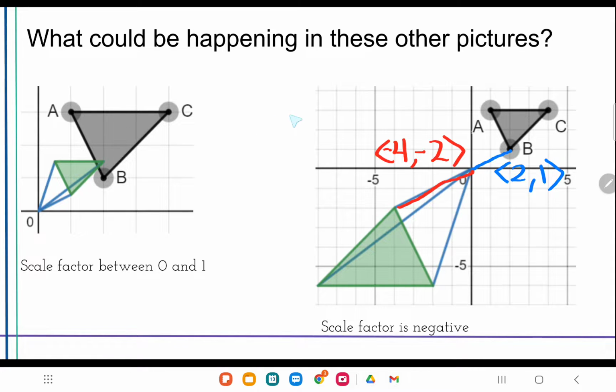If I compare those in a ratio, I get -4 over +2. My scale factor is -2. And that is what's causing this triangle both to be flipped in its orientation and to be larger.